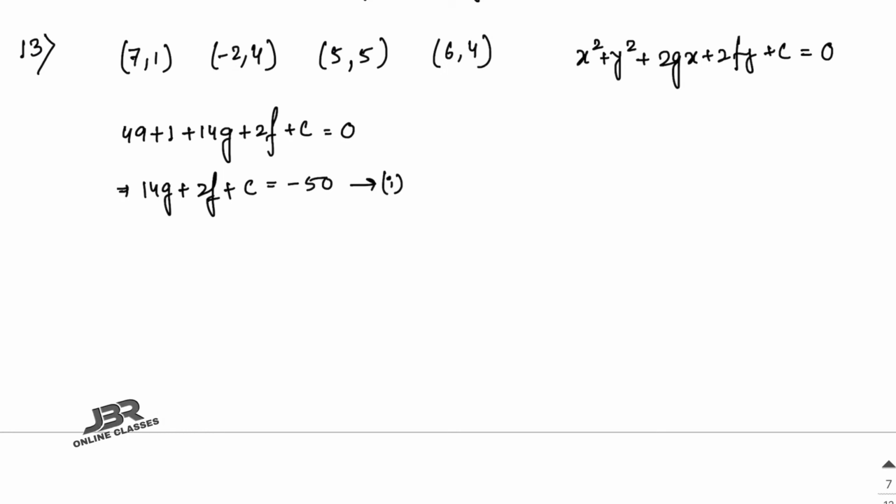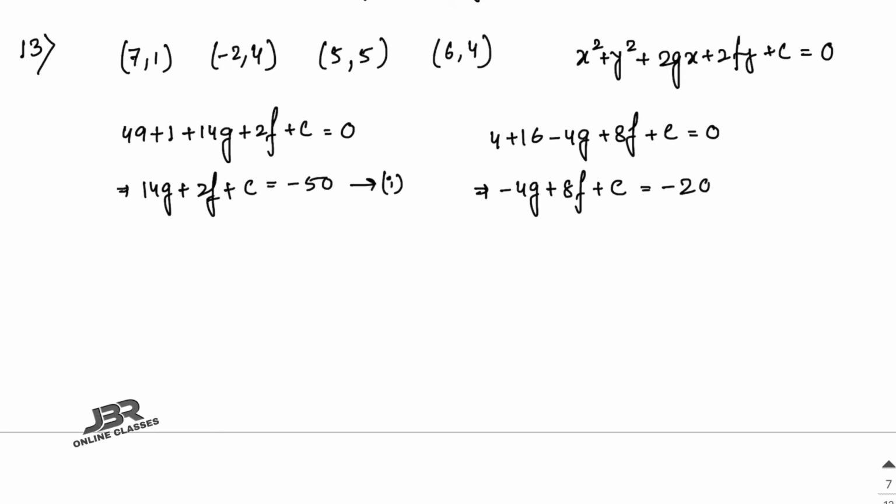Now next one, put down minus 2 and 4. That one will be 4 plus 16 minus 4g plus 8f plus c equal to 0. So minus 4g plus 8f plus c equals minus 20. Put it as number 2.